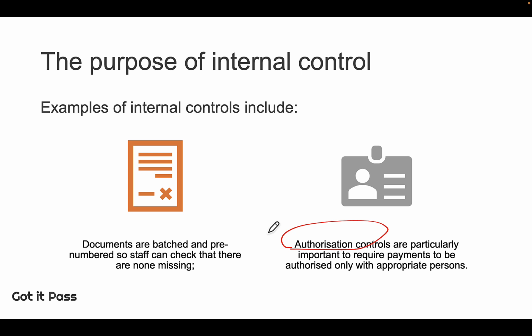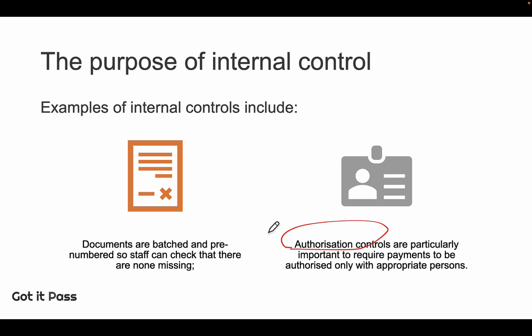Then the company pays the invoices, and the friend and the clerk share the proceeds. This is a very common type of fraud. So authorization controls can help to prevent this by limiting required payments to be approved by senior persons, and not by only one person.